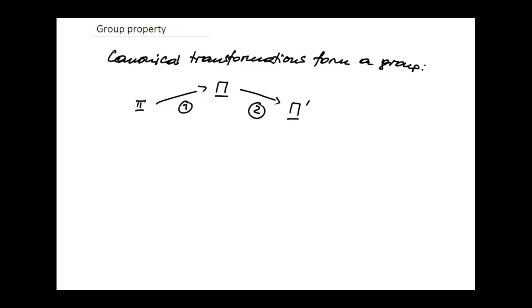The first transformation from little pi to capital pi has a Jacobian associated with it. Let me call that J. The second transformation, going from capital pi to capital pi prime, has another Jacobian associated with it. Let me call that J primed.